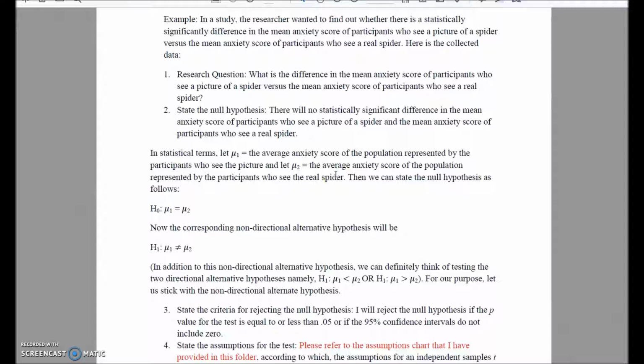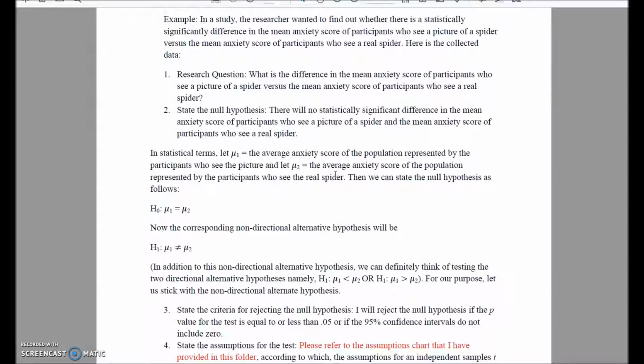However, for the purposes of simplicity and just to be following, we will keep using our non-directional alternate hypothesis. So what we did was we had this design in which we stated our research question first, then we stated our null hypothesis, we stated our alternate hypothesis.